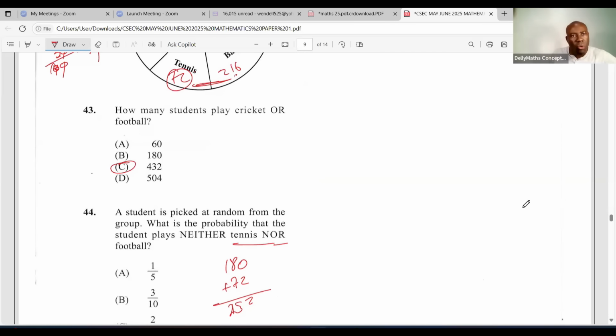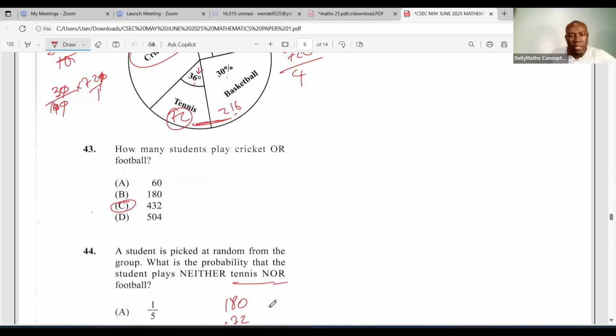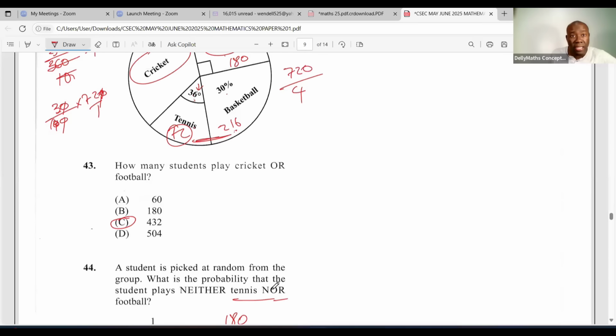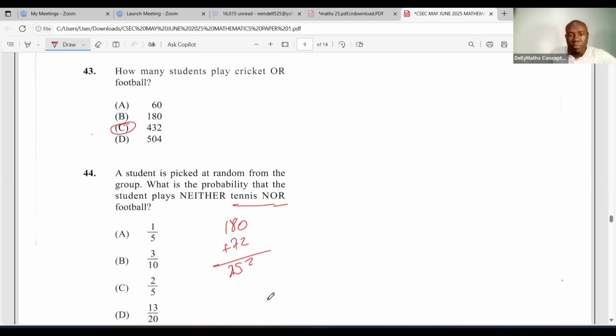We're checking now for those that are not in this 252, because remember, this is tennis and football. So it's going to be 720 minus this to know the number we're actually dealing with. It's about 468, so it's going to be 468 over 720.